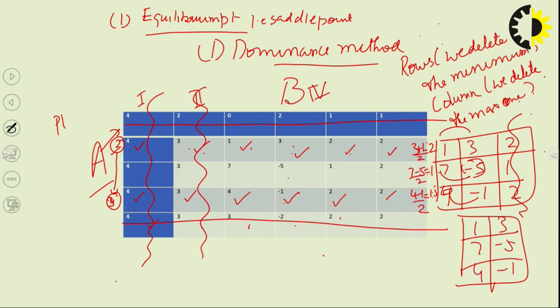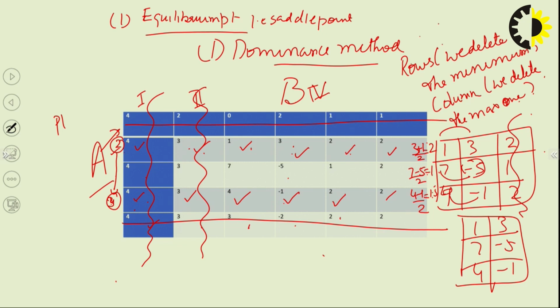Now again we have to find whether any dominance can be used, since we have to make it a 2 by 2 matrix. So the average rule in rows will be followed now. Columns are 2 but rows are 3 over here, so we have to reach 2 rows.